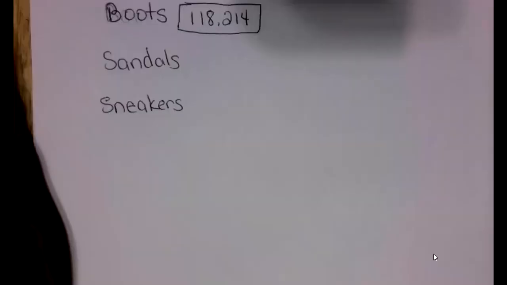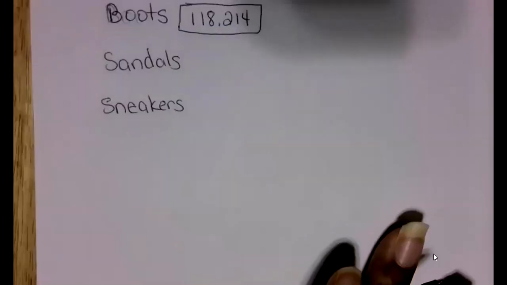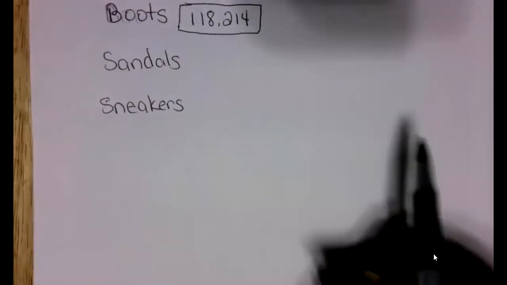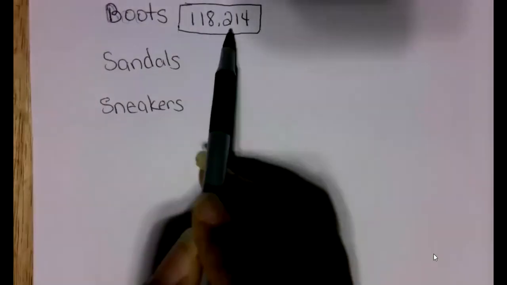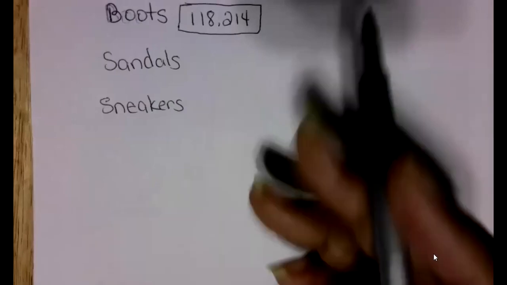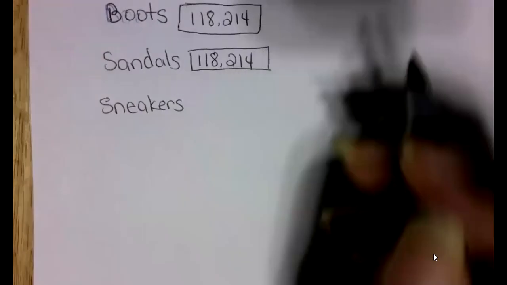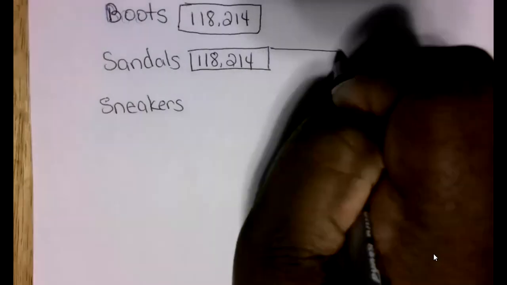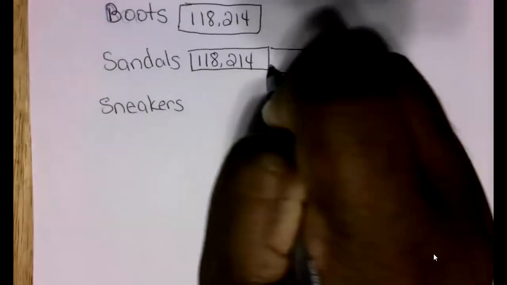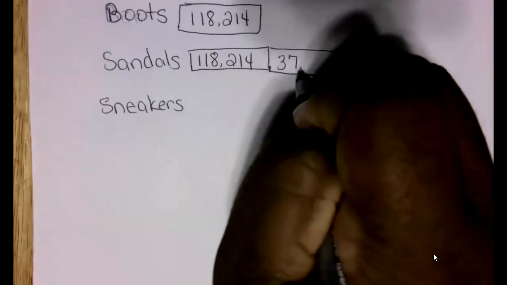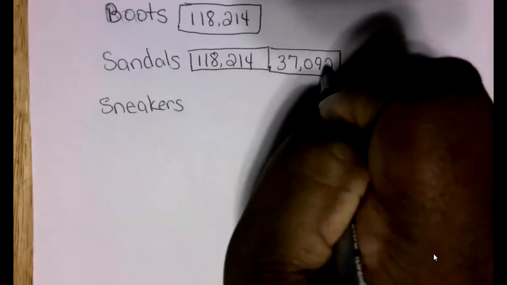Okay, so I'm gonna do a tape diagram of the information I have. I know for a fact this is how many boots I sold. Now with my sandals, I sold more than I did boots. So I had to sell at least the same number of boots. And then I'm gonna put how many more I sold. So I sold 37,092 more than boots.